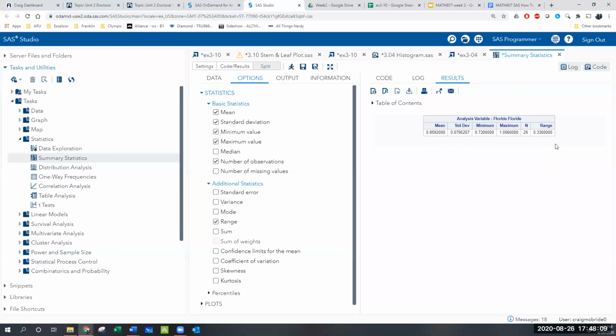And then if you divide that by 7, that gives you your starting bit. If you take 0.33 and divide by 7 and round, you get a class width of 0.05.